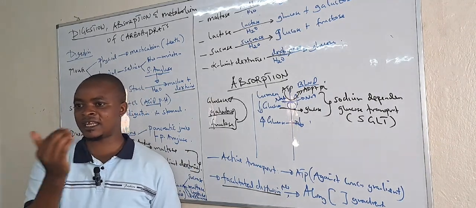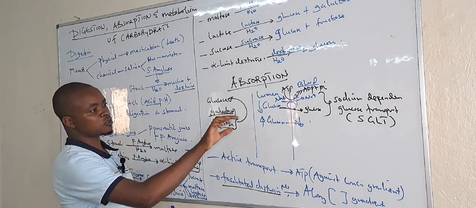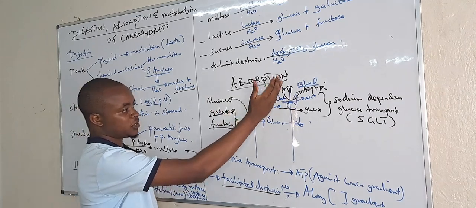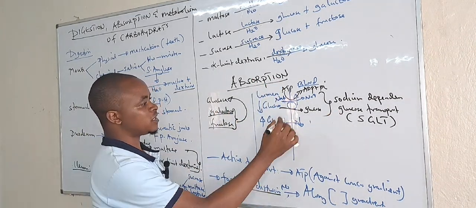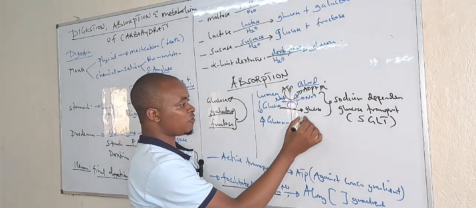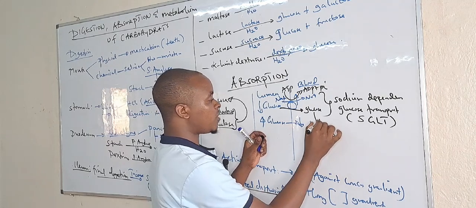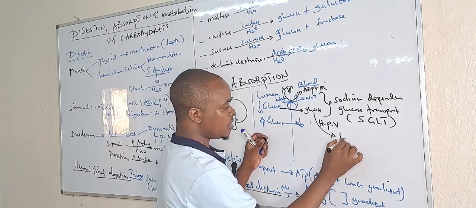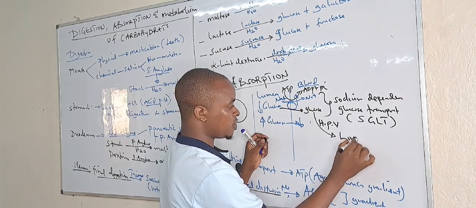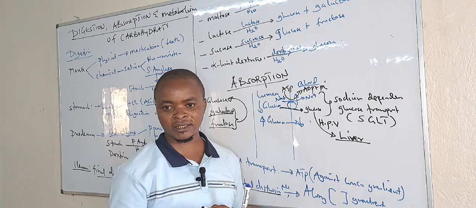And epimerase can easily convert galactose to glucose so that it can easily be absorbed via the intestinal wall into the blood. And once glucose is in blood, it is transported via hepatic portal vein, and it is taken to the liver. And in the liver, that's where metabolism takes place.